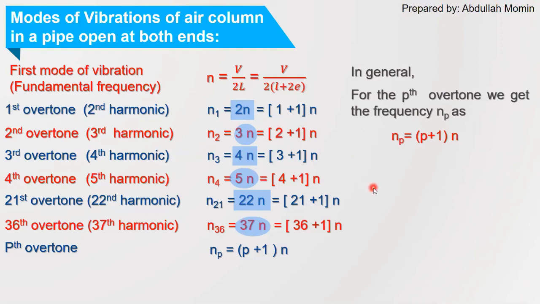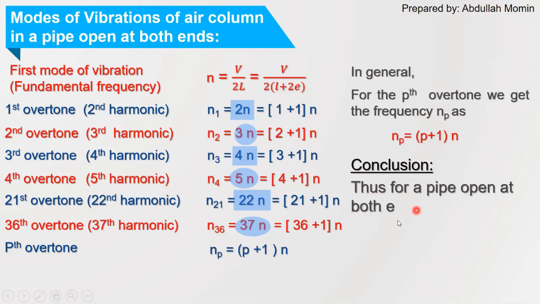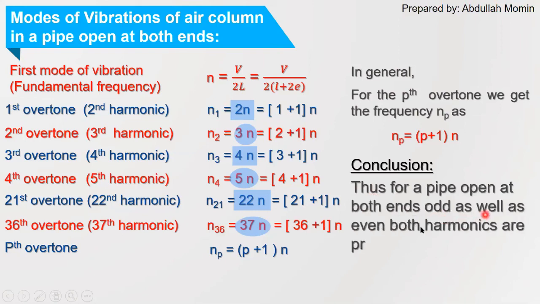So we are going to draw our conclusion as: for a pipe which is open at both ends, both odd as well as even harmonics are present as overtones.